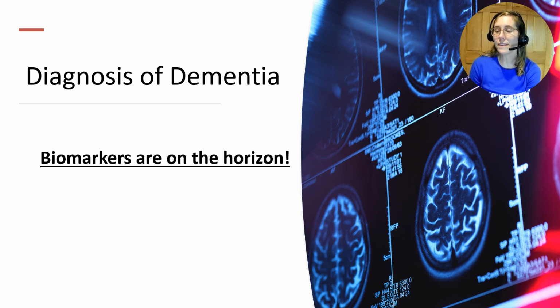And so in this movement to diagnose Alzheimer's just based on biomarkers, so again, the amyloid and the tau, we anticipate that we're going to see a future in which biomarkers are basically accessible in everyone's primary care office through blood work.